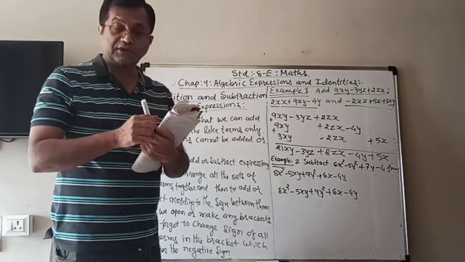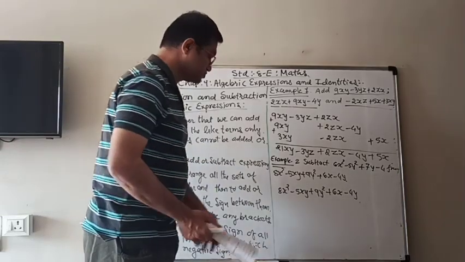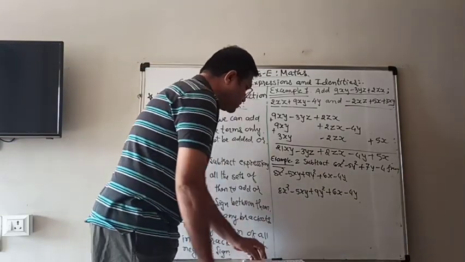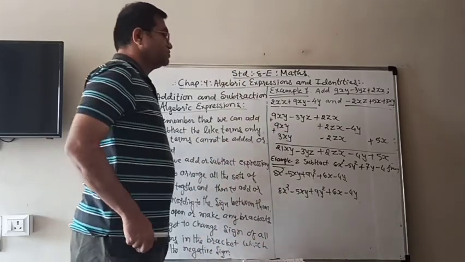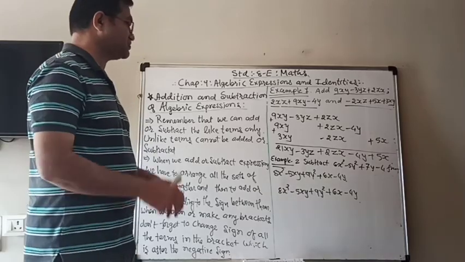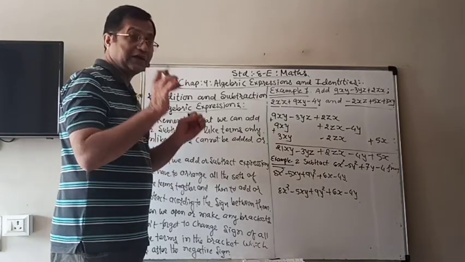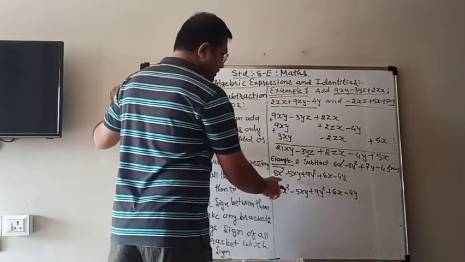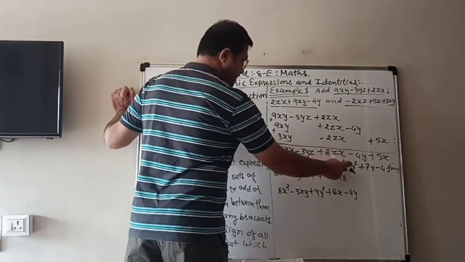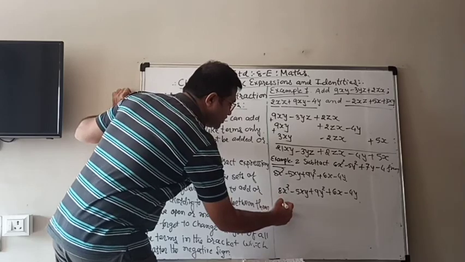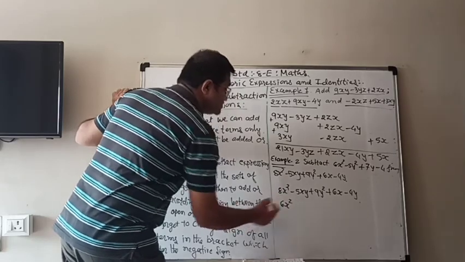Now from the first expression, the like terms will be written in the same column, otherwise they will be written at the last. 6x square: there is x square here, so you write down here 6x square.